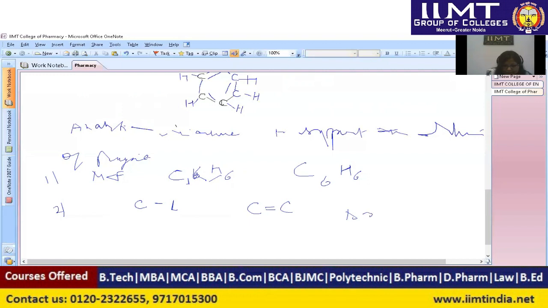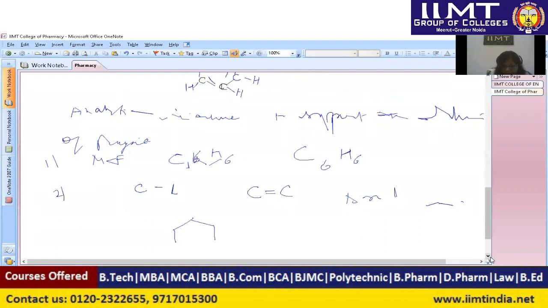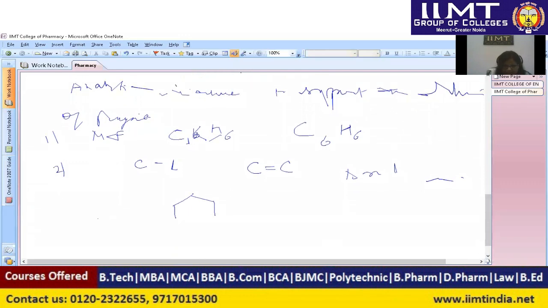What bond length and what bond angle does it have? If we conclude the structure of benzene, we can draw a structure where we show the bond lengths and the angle at which all the carbons are present. So this becomes 120 degrees between the carbons.